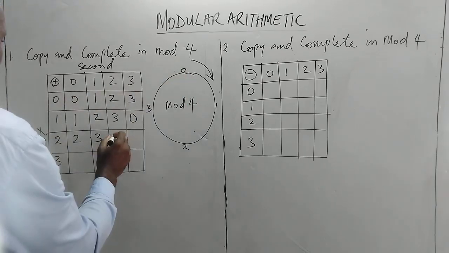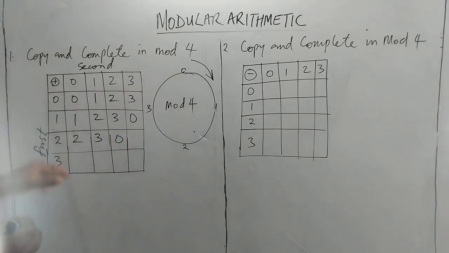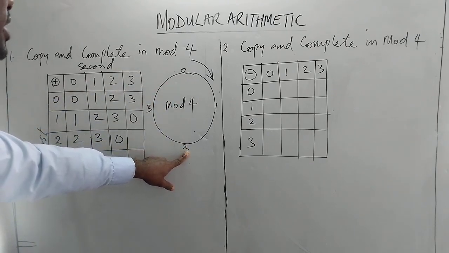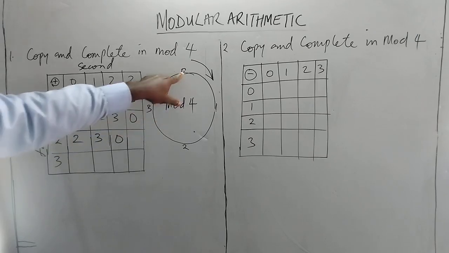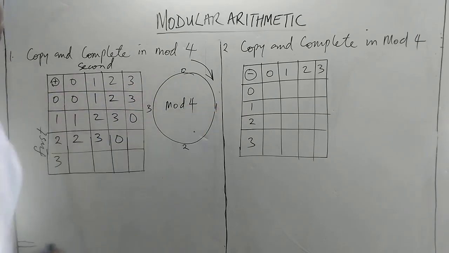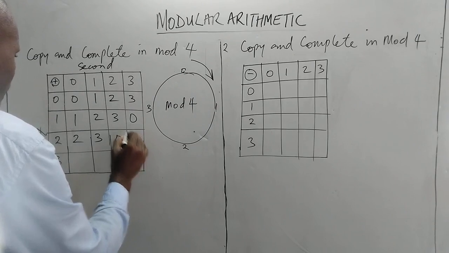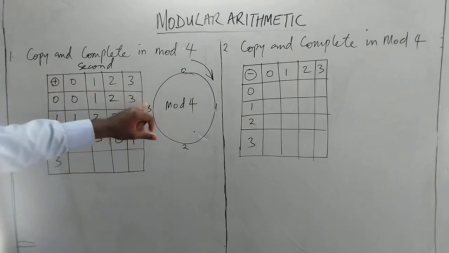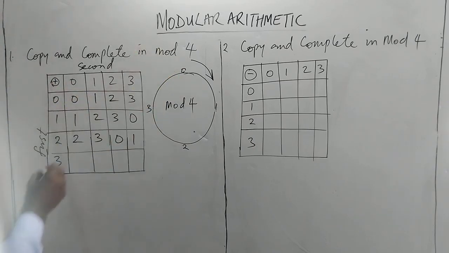So you stop at 0. Then 2 plus 3 means you are starting from 2 and you are moving 3 places. That will be 1, 2, and 3. So you write 1. Then lastly, 3 plus 0 means you are starting from 3 and no movement. So it's still 3.